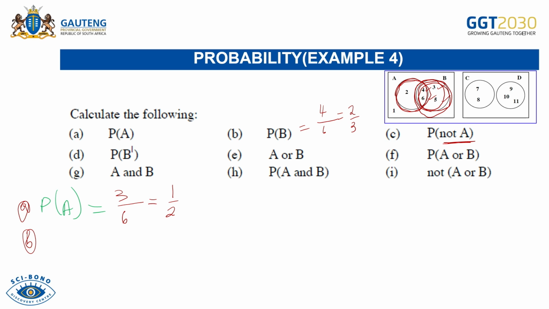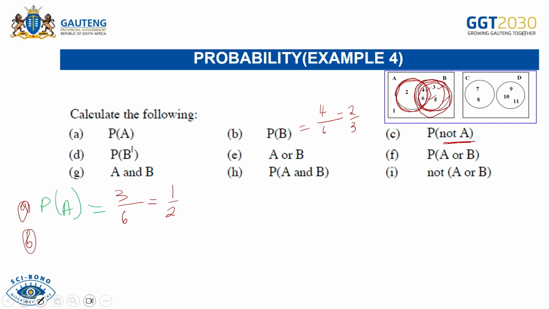It says the probability of not A. So the probability of not A, if it's not A, then it means it is going to be B or the one outside, the one that doesn't fall under the event A or the event B. It falls under neither of the events. So if it's not A, it is going to be B and the outside one.